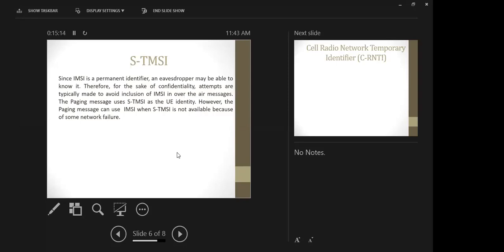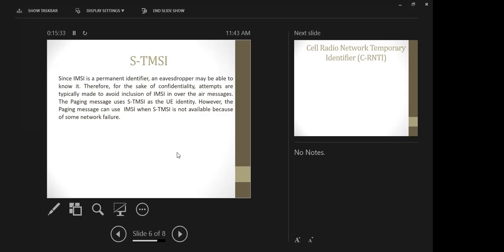When you have powered up, you get a new one, and it can also change over time. This is used when you communicate with the network, the S-TMSI.